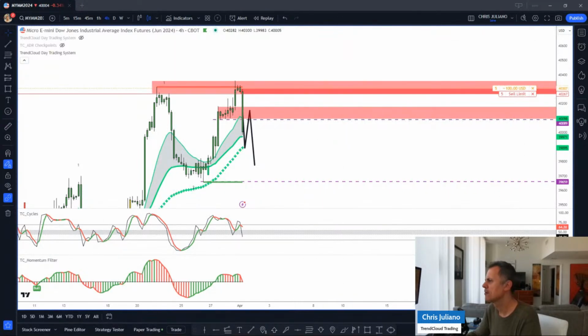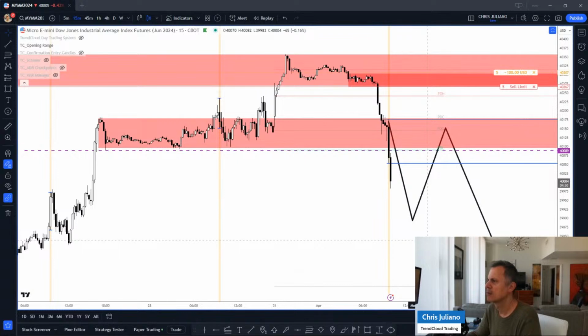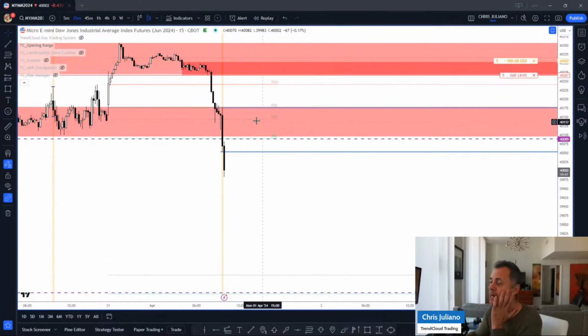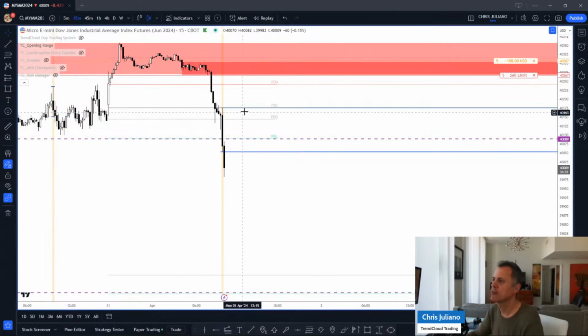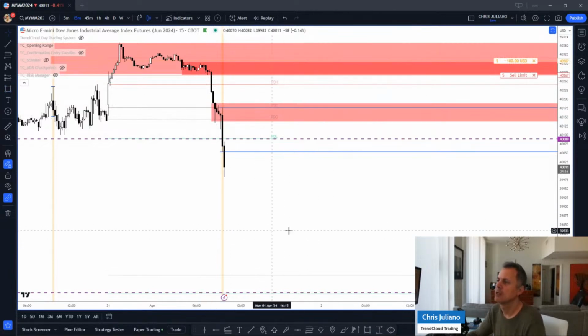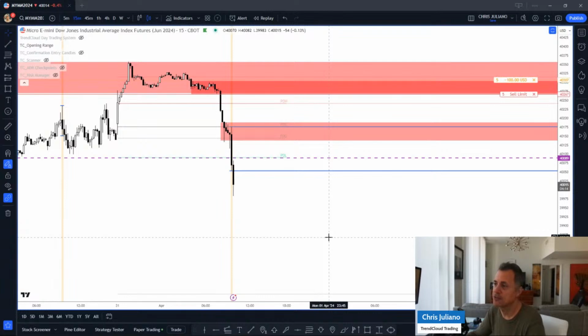What am I on? 4 hour. A lot of resistance left: previous day's low, previous day's open, previous day's close, inside of the opening range, right? There's the opening range right here. So we've got some levels to look at.